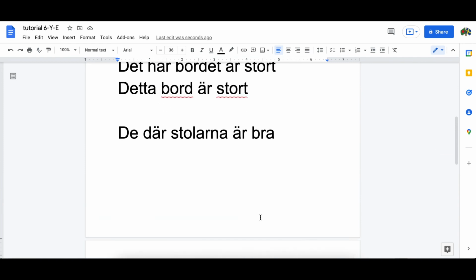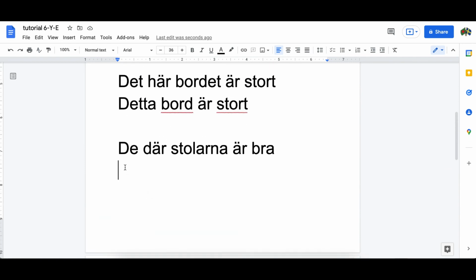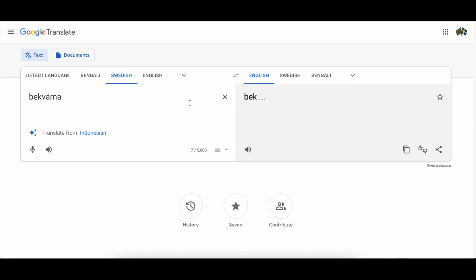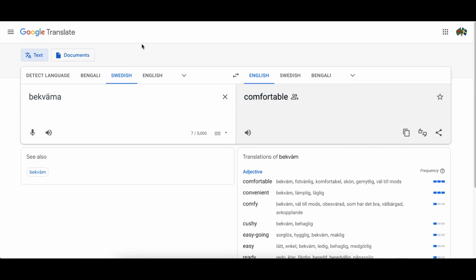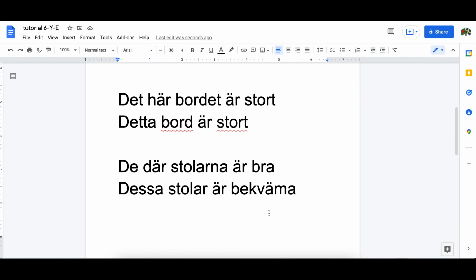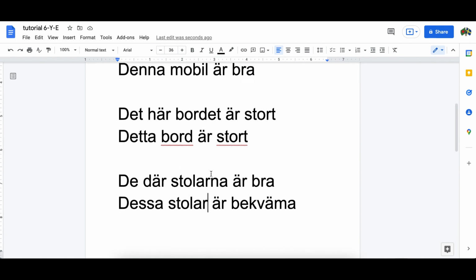So dessa we use when it's plural. So we can also write dessa stolar är bekväma. Bekväma betyder comfortable. It's a new word if you want to learn. So you're saying these chairs are comfortable. But here we don't write stolarna. Here we only write stolar.